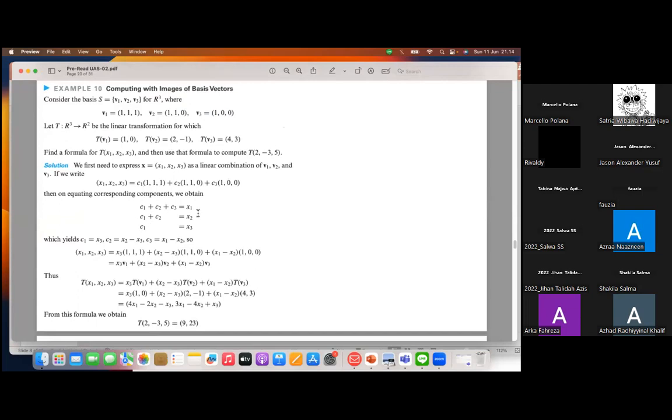Like this. And then we solve it. We solve for C1, C2, and C3. Now we know here that C1 equals x3, and C2 equals x2 minus x3, and C3 equals x1 minus x2.